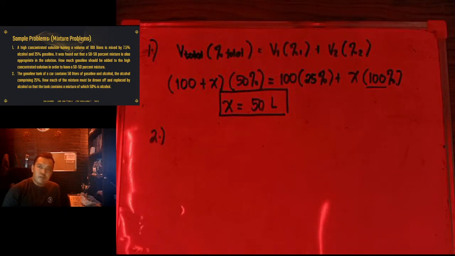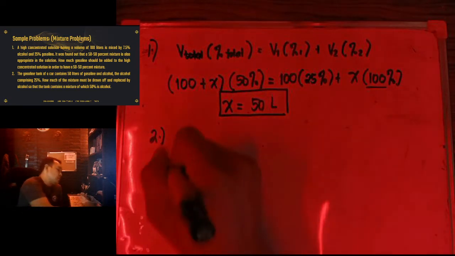So, ngayon, pinapahanap sa atin, syempre, yung container natin is 50 liters lang. So, wala nang idadagdag yan. So, ang resulting value pa rin natin ng volume total will be the 50 liters.